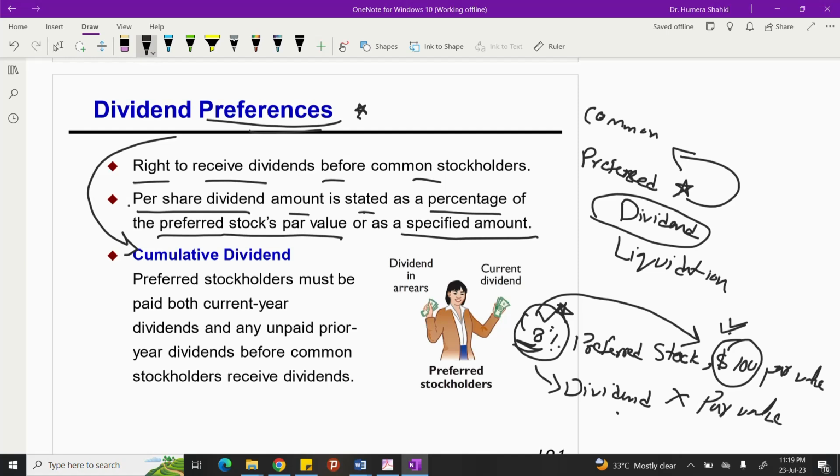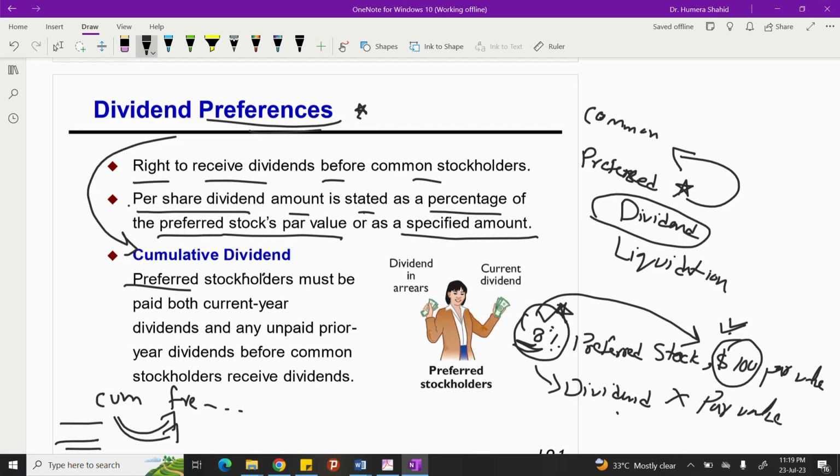Let's recall the concept of cumulative from the statistics perspective, where we talked about cumulative frequency. Cumulative frequency, or cumulative, is to keep on adding every year or every transaction. So cumulative dividends are those preferred stock dividends which are added if they are not paid in one year.